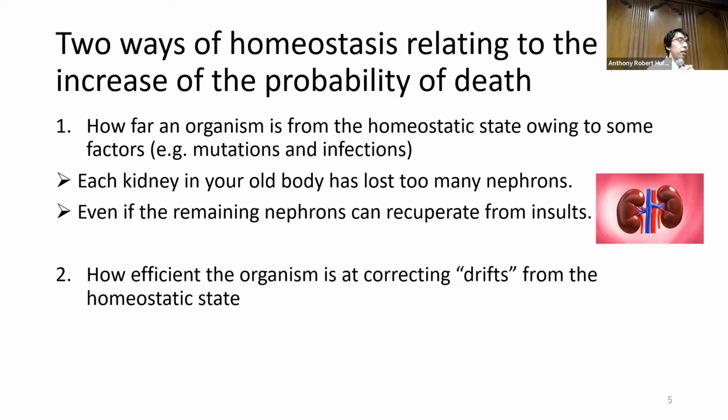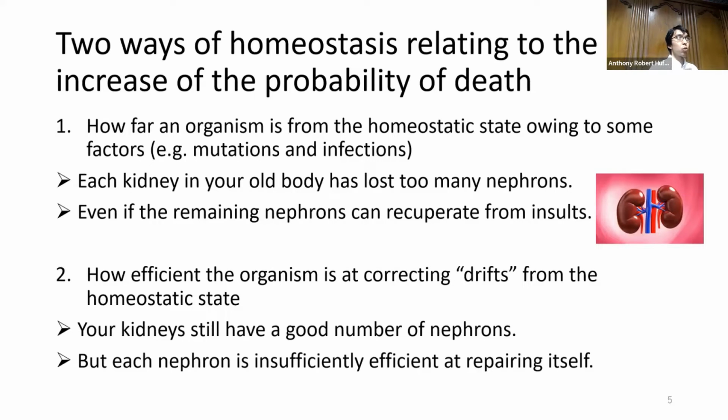The second way is about how efficient the organism is at correcting drift from the homeostatic state. Assuming that you are quite aged, your kidneys still have a good number of nephrons, but each nephron is insufficiently efficient at repairing itself. Notice that in some cases of aging, both phenomena can occur.